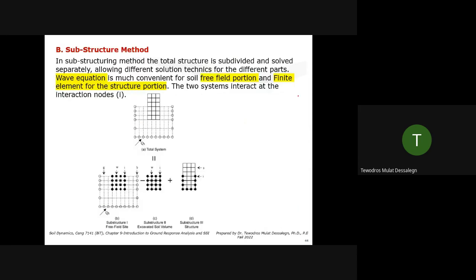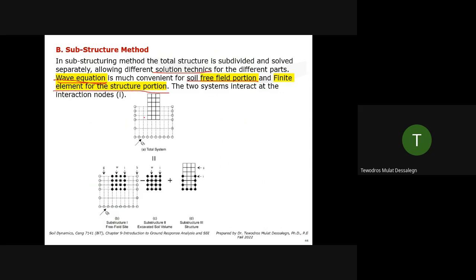The other method for SSI is the substructure method. In substructuring method, the total structure is subdivided and solved separately, allowing different solution techniques for different parts. Wave equations, that's where wave equation comes in, are much more convenient for the soil free field portion, and finite element for the structure portion.